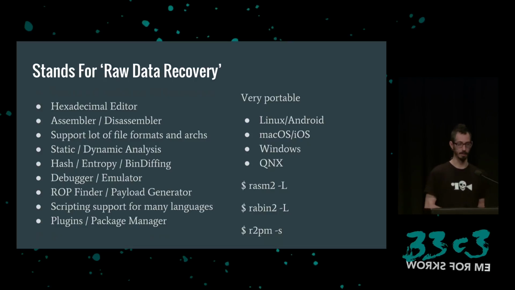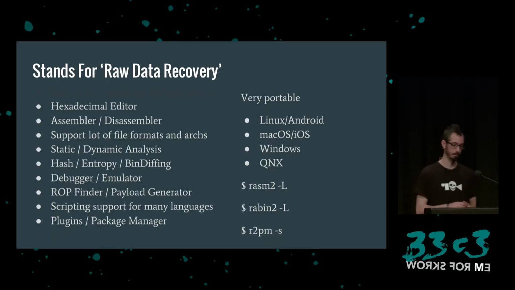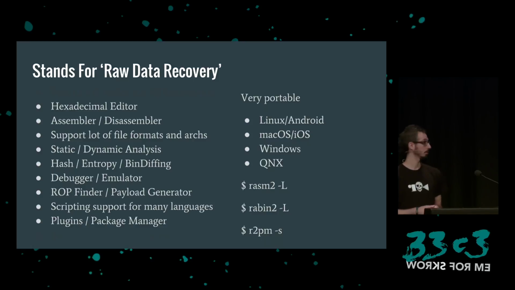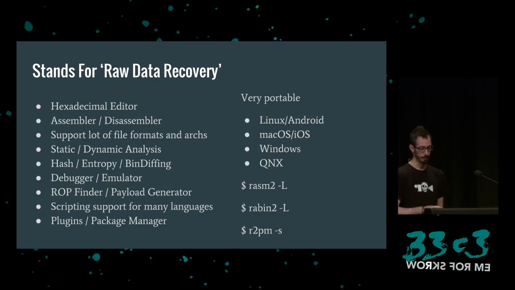It supports mainly static analysis, but there are also capabilities for doing dynamic analysis. It's also able to do hash checksums, compute entropy, and look for differences between different files. It's able to debug. It also comes with an emulator, and there are APIs for writing plugins to extend with other emulators like Unicorn and things like that.